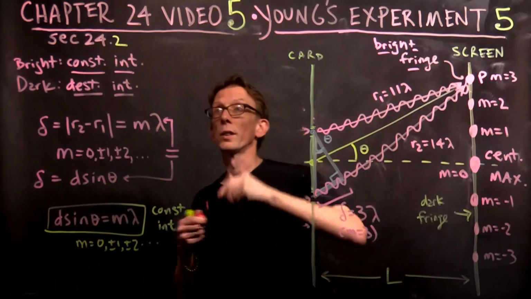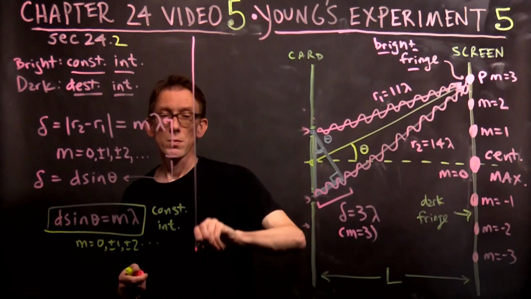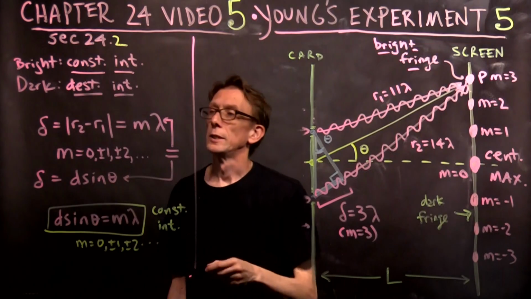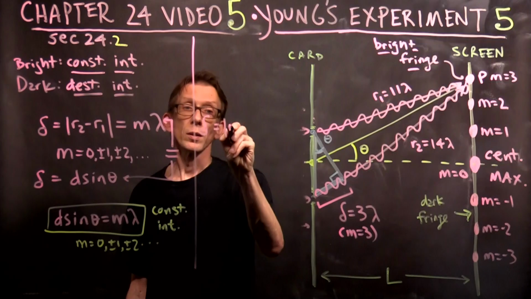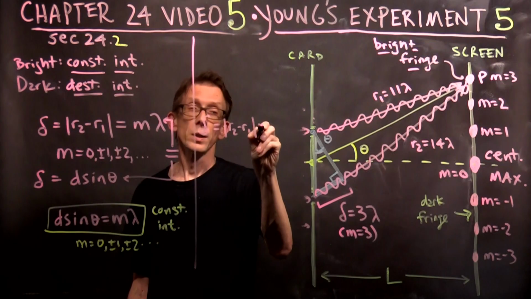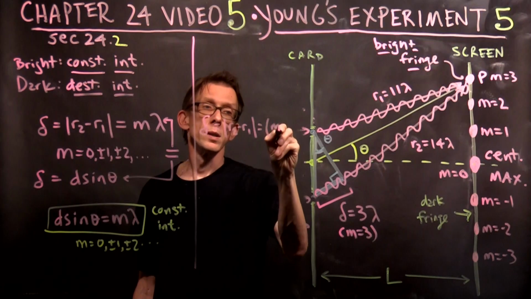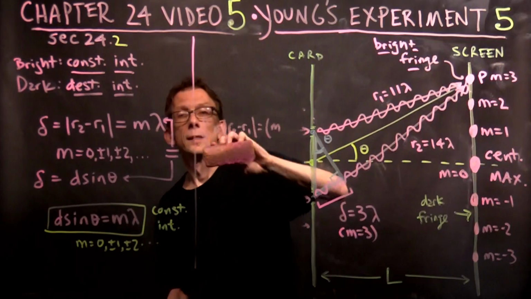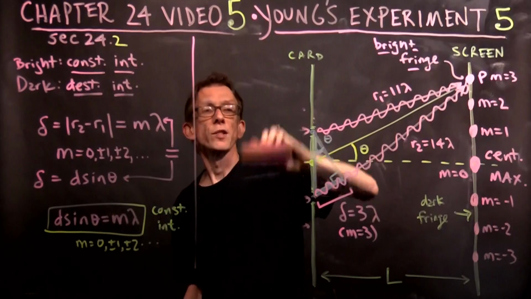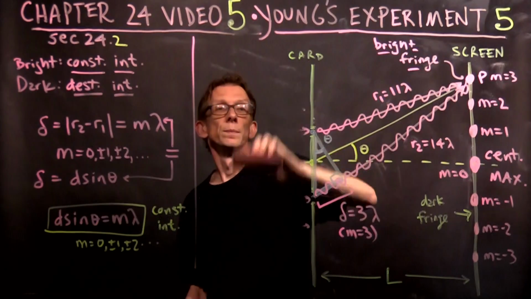So that's constructive on this side. For destructive, delta, R2 minus R1, equals... not going to have room. I'm going to take that R2 minus R1 out. That's not important.